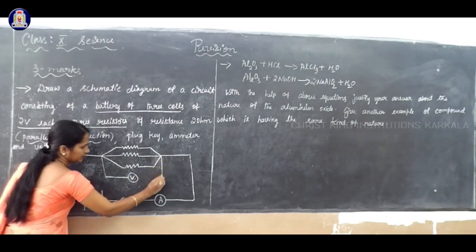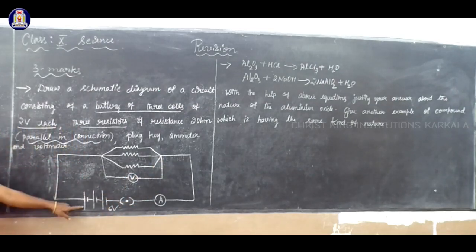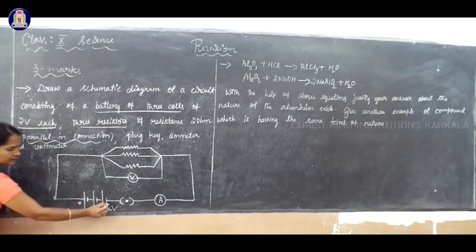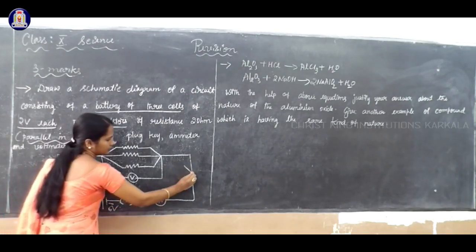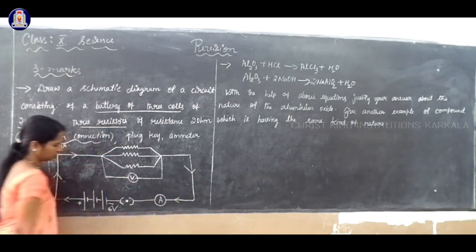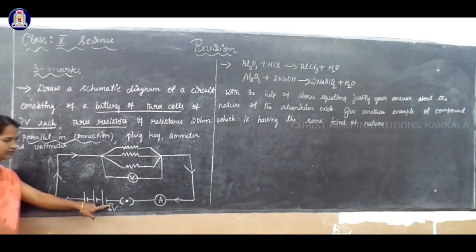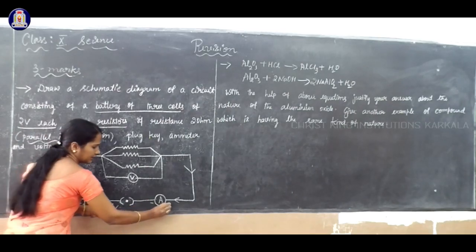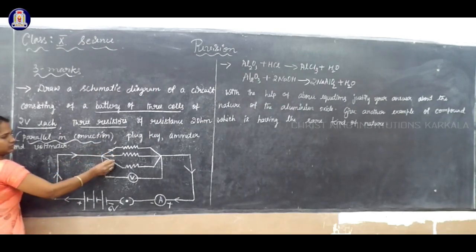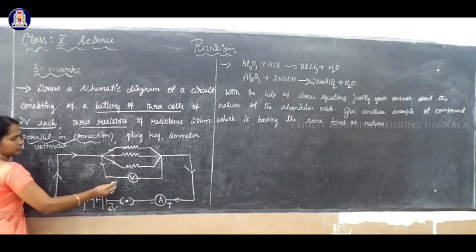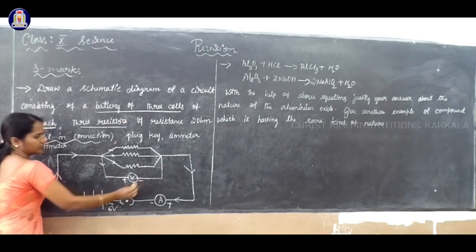Voltmeter is always connected in parallel. So, this is positive plus, this is minus. Direction of the current is from the positive terminal, flows in this way, like this. So, here plus, minus, this will be minus, this side will be plus. This is plus, this is minus.